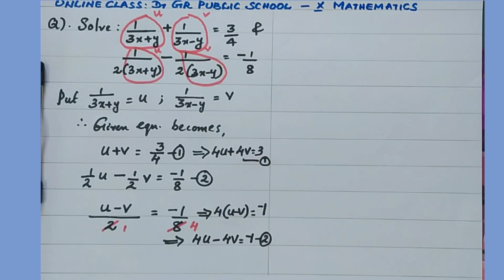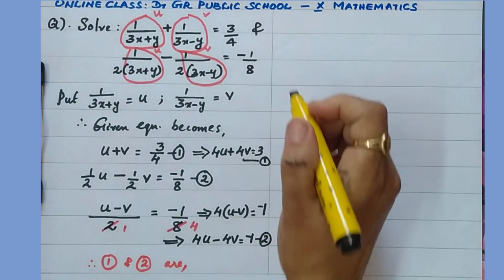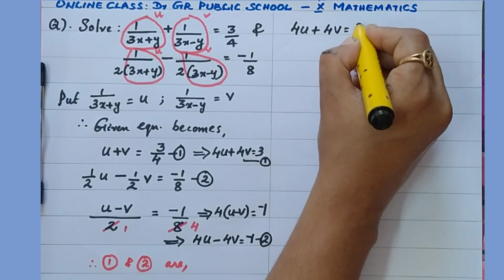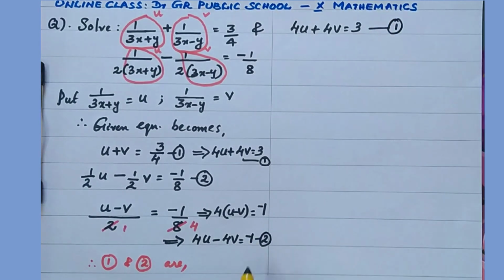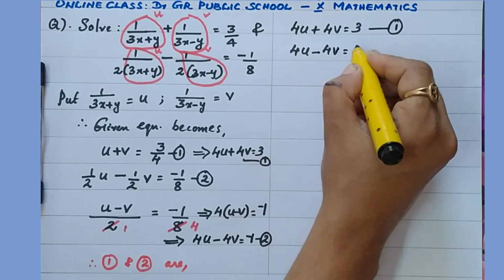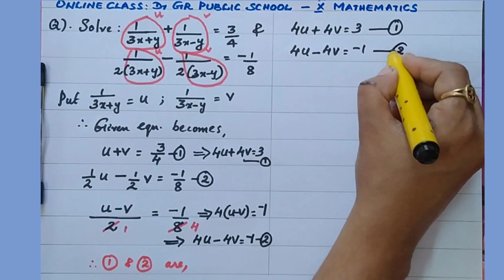Now, I am going to write the equations here. Equations 1 and 2 are 4u plus 4v equal to 3, this is your equation number 1, and 4u minus 4v equals minus 1, equation number 2.